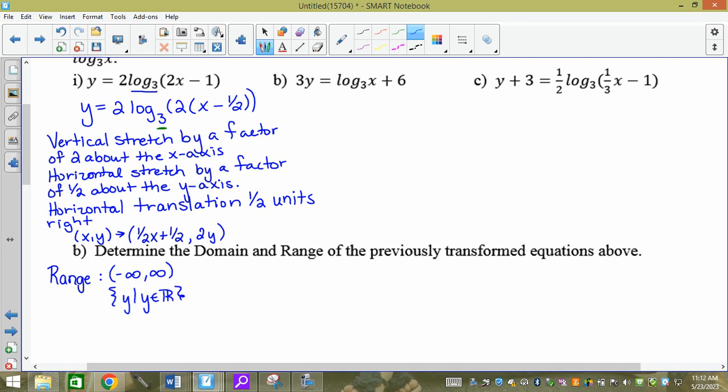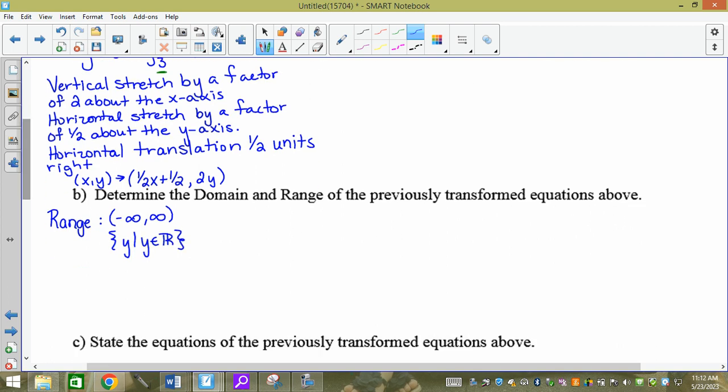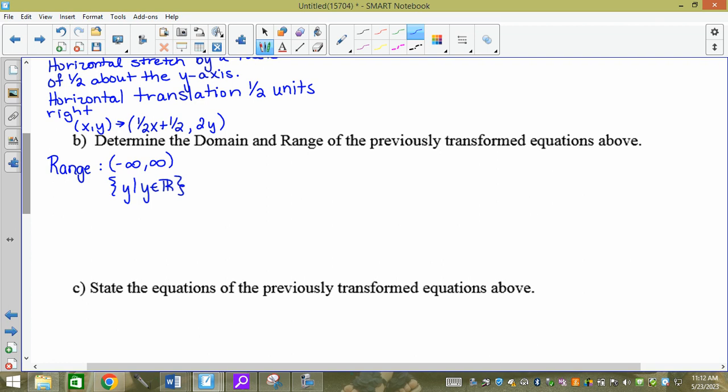The domain is easy if we know the asymptote. State the equation of the asymptote. That's what this is supposed to do. What's the asymptote for this one? Horizontal or vertical? It's a log.